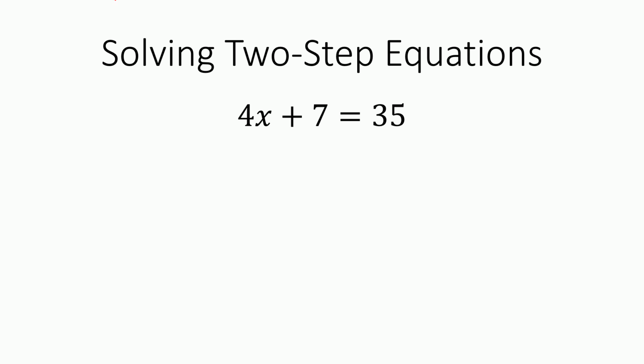When it comes to solving two-step equations, which is where we have more than one operation related to x here, what we do is we can think about what's happening to x. What's happening to x first is we're multiplying by 4.